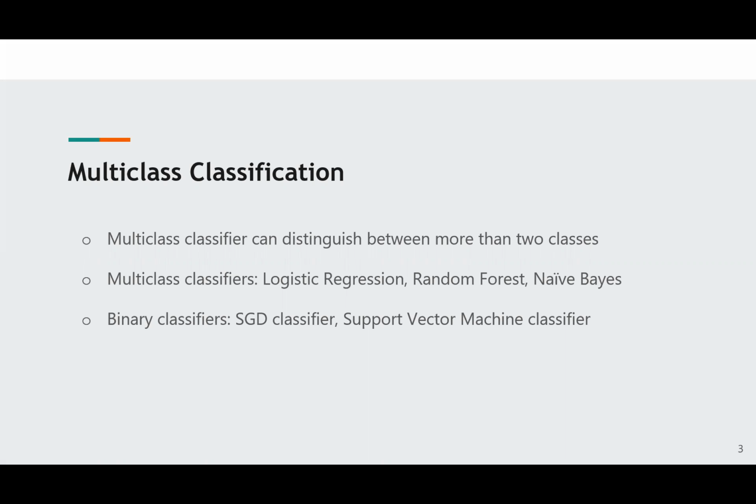For binary classifiers, you could leverage two major methodologies. One is the SGD classifier, which we already used in the binary classification case, or you could leverage a support vector machine classifier, which we're going to study shortly after regression methods.